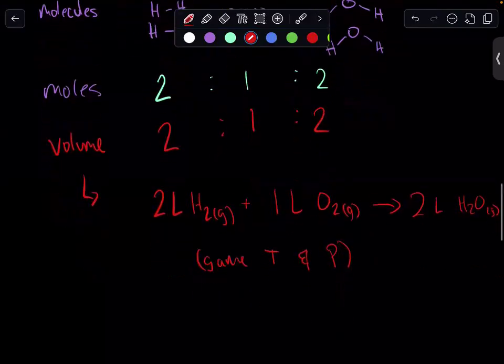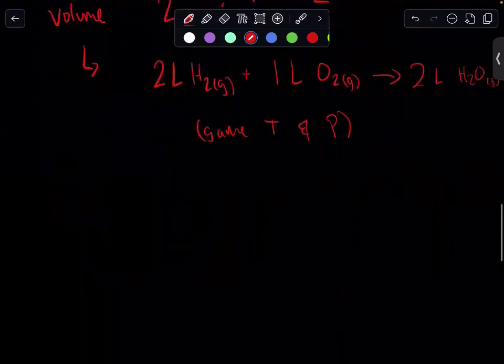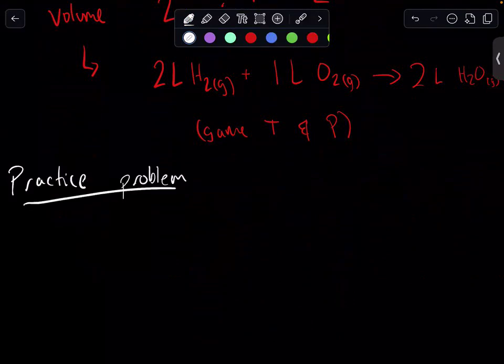So how do we actually use this in practice? Well, let's do a practice problem. In my practice problem, we have a reaction: ammonia, NH3, decomposes to form nitrogen gas and hydrogen gas.